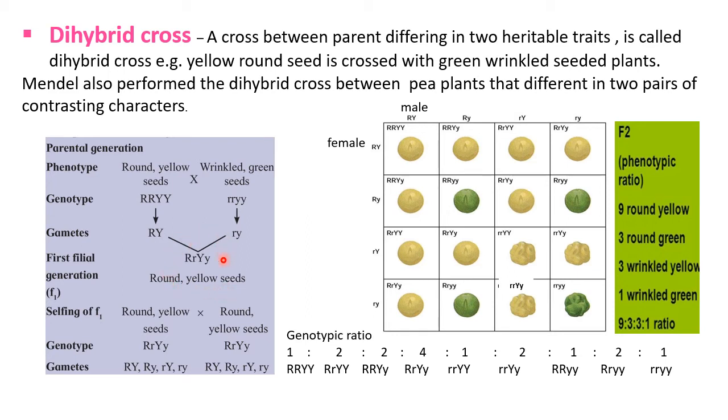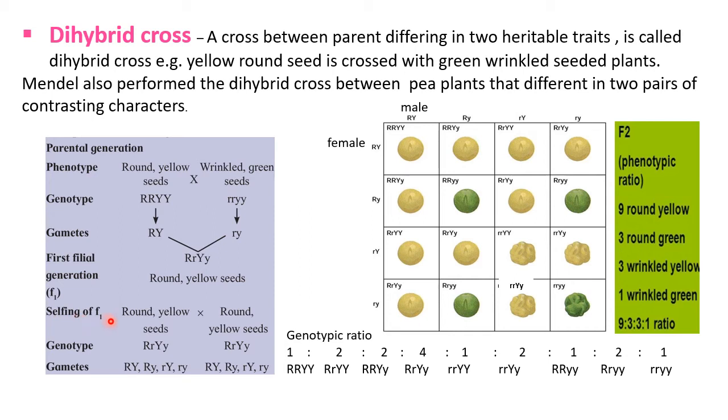So here we see the plant with round yellow seeds, called a hybrid, showing the genotype capital R, capital Y, small y.